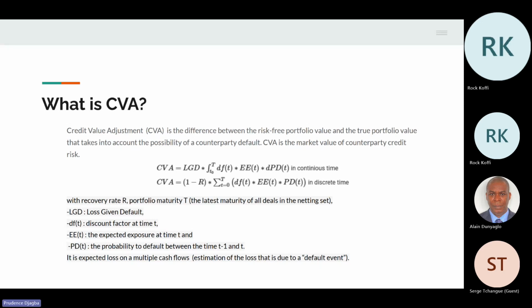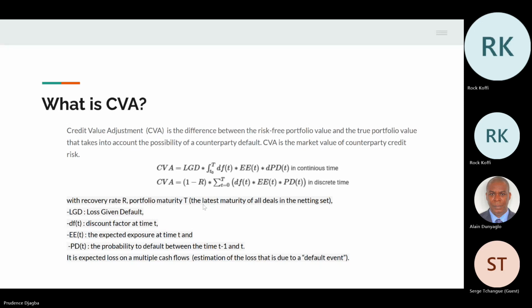But in discrete time, we just compute it with different time steps. And the loss given default is derived by the formula 1 minus the recovery rate. It is just the amount of what we lose out of what has been given.